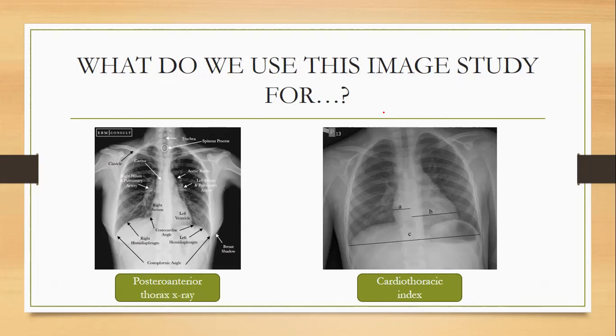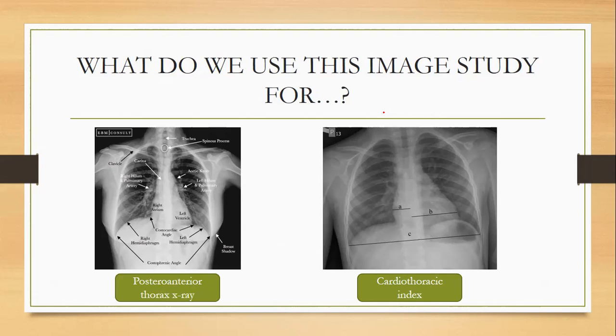And we also have the left hilum and pulmonary arteries. In the lower part, we have the right atrium and the left ventricle. You also know that the right ventricle is actually not seen, or just one little part of the right ventricle can be seen on a PA thorax X-ray, right?